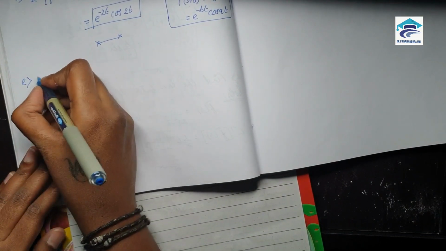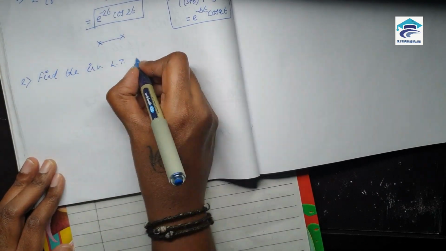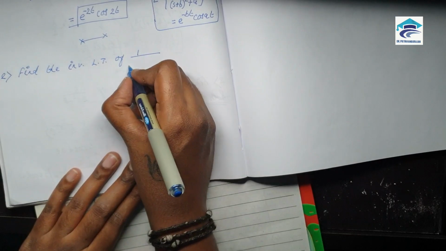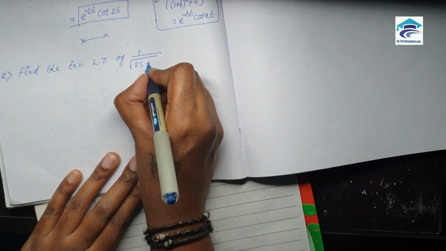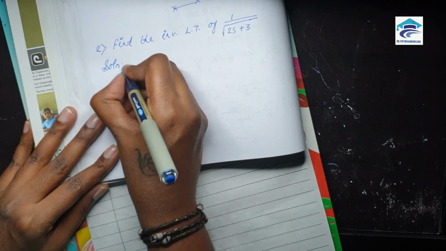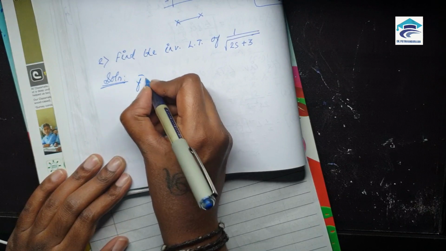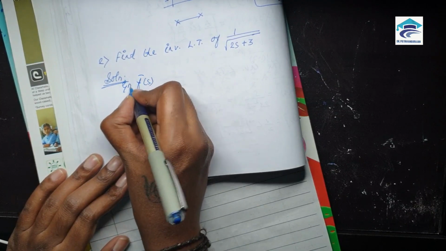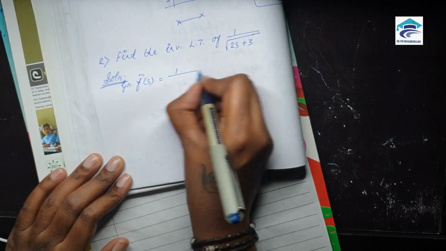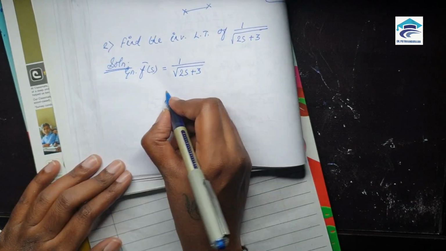Next problem is find the inverse Laplace transform of 1 by root of 2s plus 3. Solution. So what is our f bar of s here? Given f bar of s is equal to 1 by root of 2s plus 3.